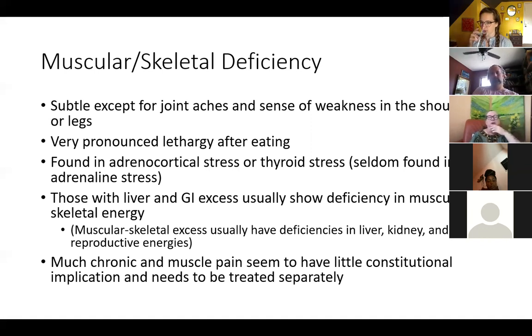What we have learned in subsequent years is it's the entire system that's having a problem. It's not just the adrenals. All of our body systems have this response to stress.